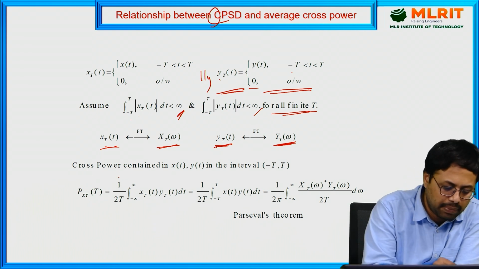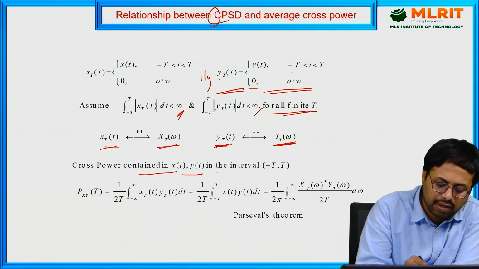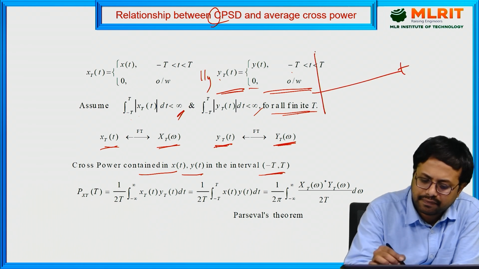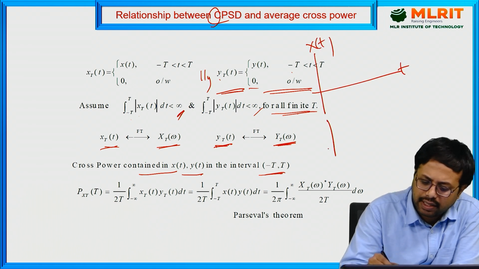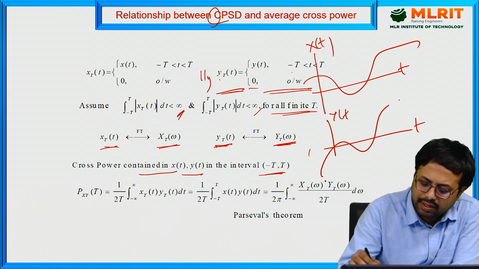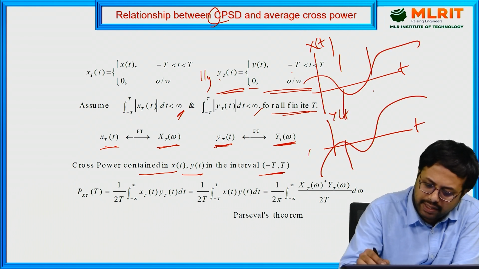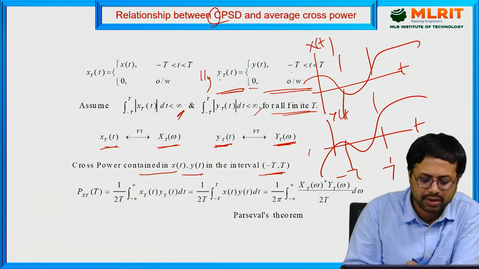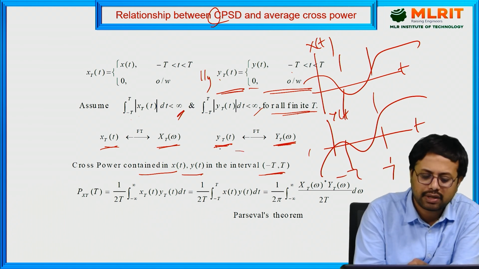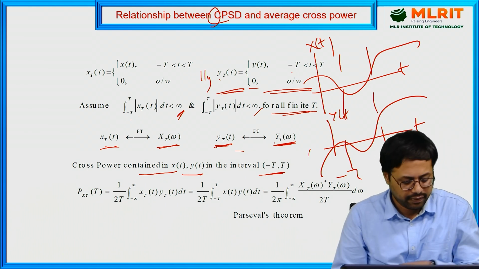Both are random signals defined over the interval minus T to T.